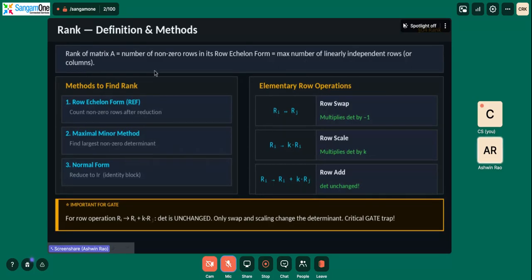The important formula is rank equals the number of non-zero rows in row echelon form. Row rank and column rank are always equal.